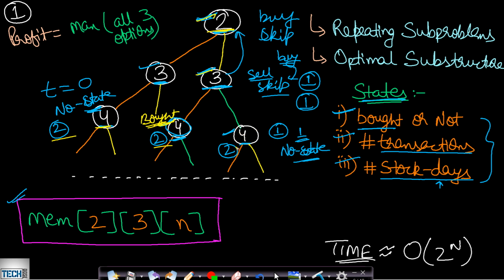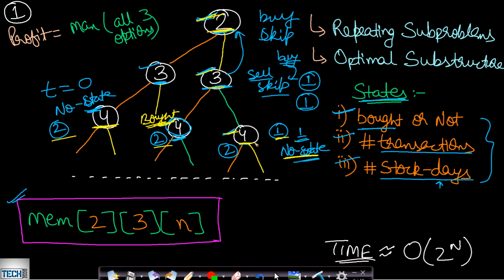Now for this third 4, here we are in no state, because on the first day we had bought a stock at price 2, on the second day we had sold the stock at price 3, and so we had made a profit equal to 1. Now on this day we are in no state, which is the same as the first 4.